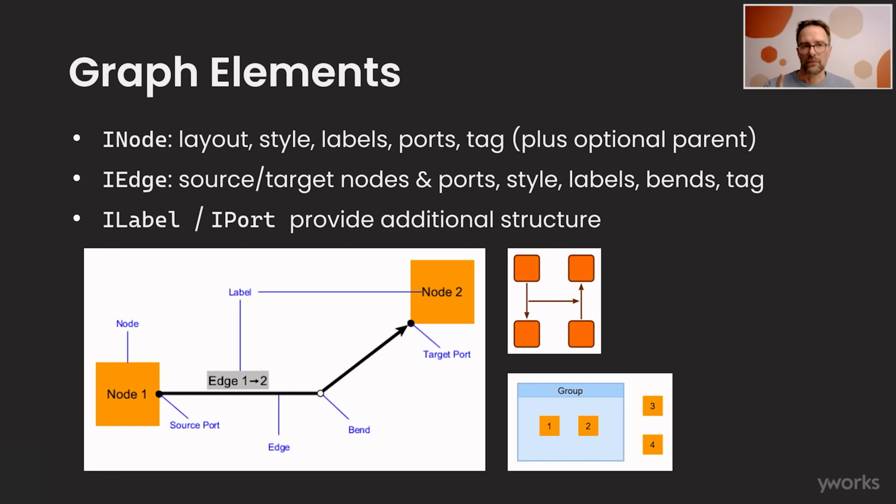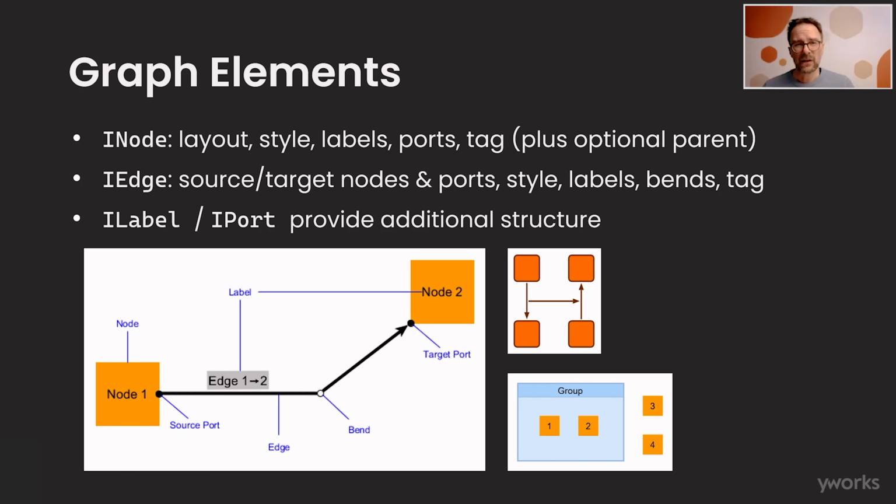So one node could have multiple ports, and each port can have 0 or more edges connected to it. If you don't care about ports in your application, you can simply ignore them. There are overloads in the API that will make the existence of ports basically transparent to you, and yFiles will automatically add and remove ports for you in that case.